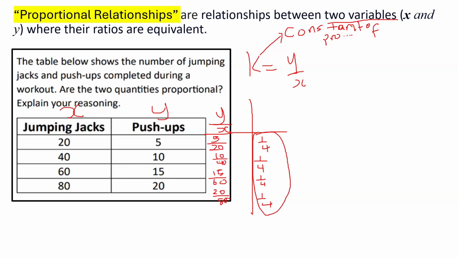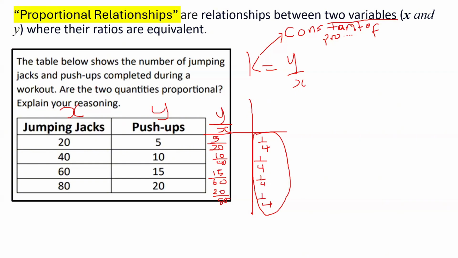So if you notice here, for every pair of y and x values we take and divide y by x, we get 1 over 4. This is saying for every one push-up, because remember, y is in the numerator and x is in the denominator, there are how many jumping jacks? 4. All right. So all of these ratios are equivalent. Therefore, the two quantities in the table are proportional.